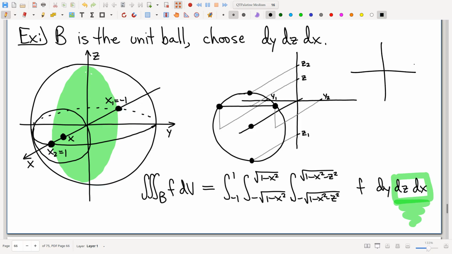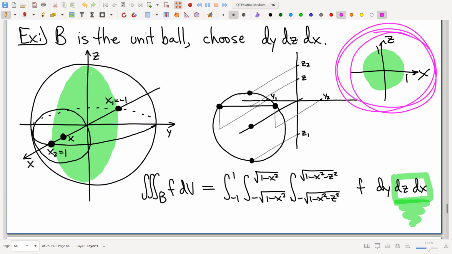Let me just whip it out over here real quick. Unit disk, something like that. And of course, that's 1 and that's 1. By the way, this is on the xz plane because that's what we're looking at. That's where the unit disk came from. And how do you slice up this?